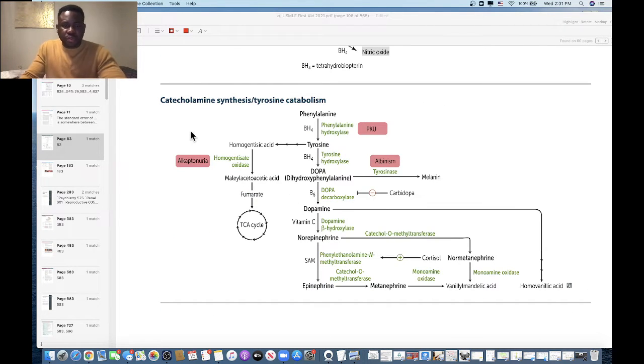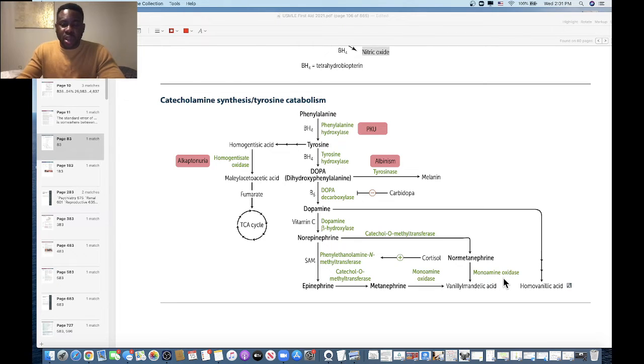So this is catecholamine synthesis, or tyrosine catabolism. What they mean is that we use tyrosine to make all the catecholamines. The catecholamines are norepinephrine, epinephrine, and dopamine.